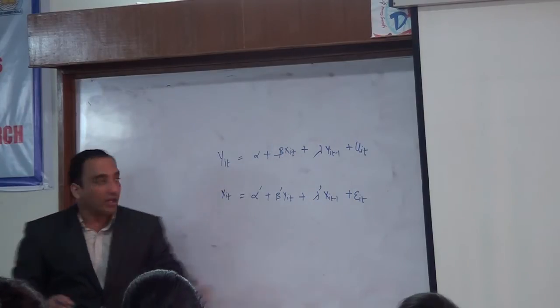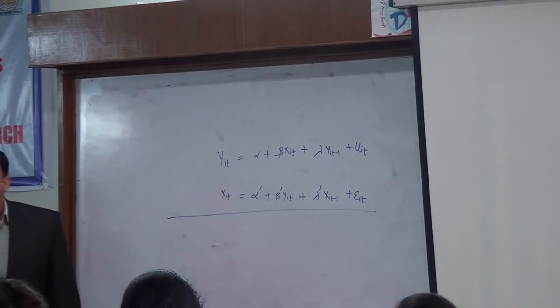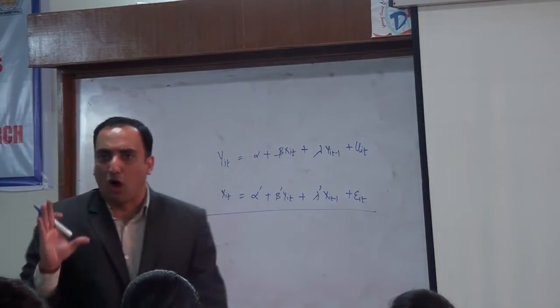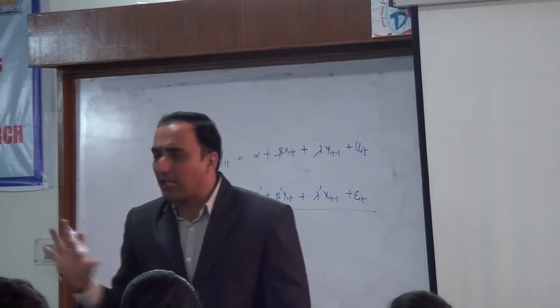So in matrix terms, a vector is a matrix with either one row or one column. Hence the name vector autoregression. There is no technicality there.